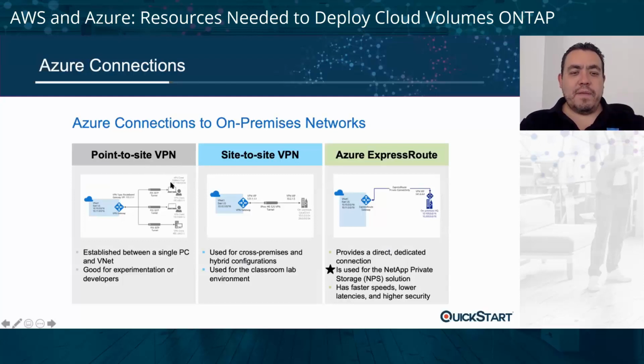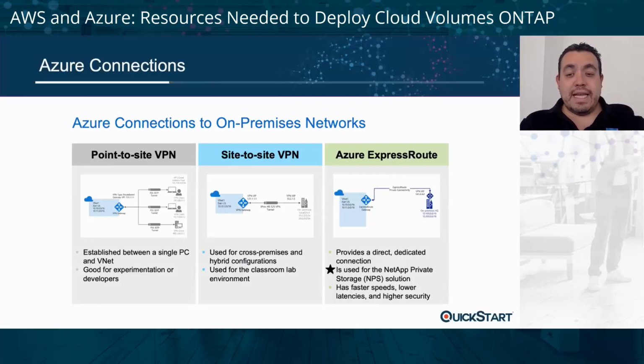The point-to-site VPN, it's like having your computer with a VPN client and then going straight to Azure. Or the most common one, it's the site-to-site VPN. If you want to go with a site-to-site VPN, that means you are going to connect your, let's say, on-prem to your VNet, or you can go with ExpressRoute.